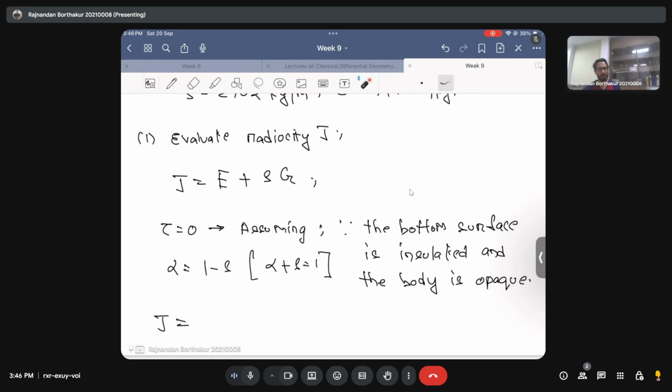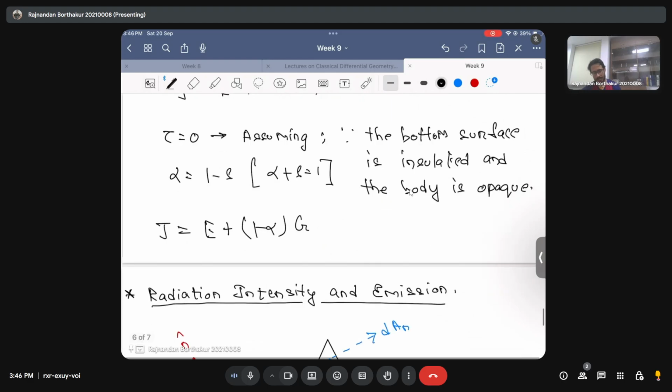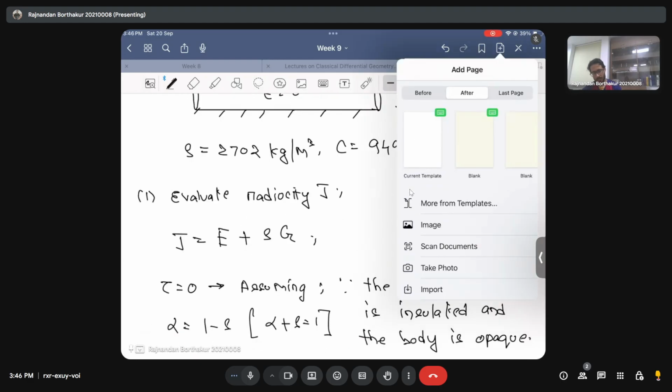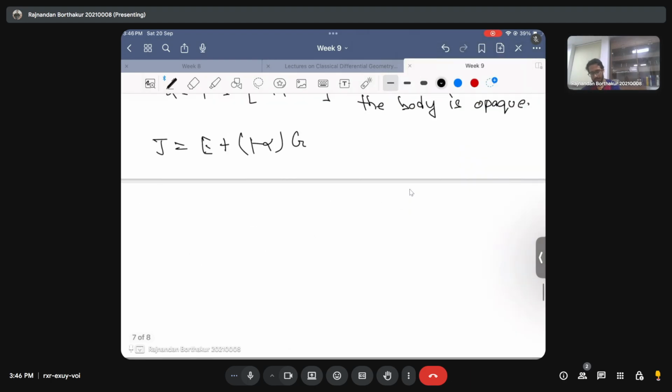That's the first equation that we wrote in this discussion. So this J becomes E plus 1 minus alpha times G, and we know that this E, the emissive power, is the emissivity times the Stefan-Boltzmann constant times Ts raised to the power 4, plus 1 minus alpha times G. Now we just need to substitute values.